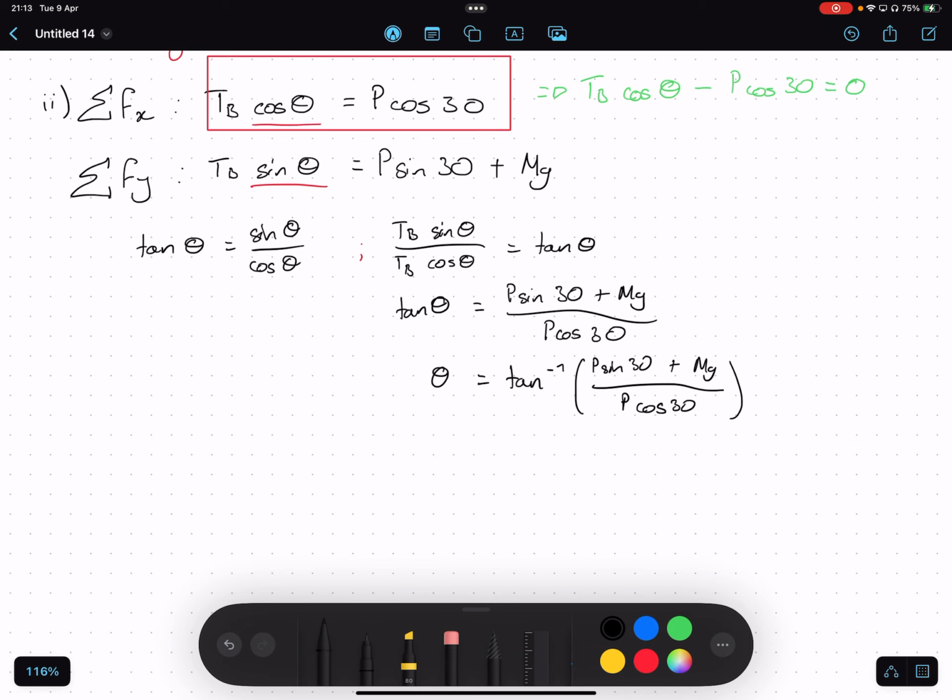And then to find our force TB, once we have found our angle here, just through a bit of substitution, back in to this above equation.